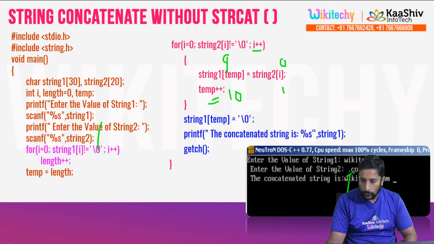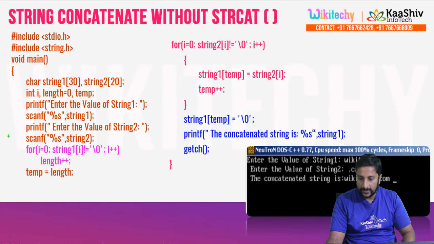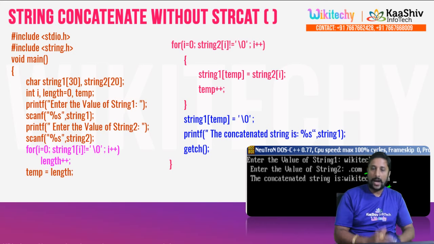So at string1[10] you will have the C, then string2[1], string2[2], string2[3], and automatically you will be getting the concatenation like this. So have the string1 and add this string2, you got your concatenation, that's good.